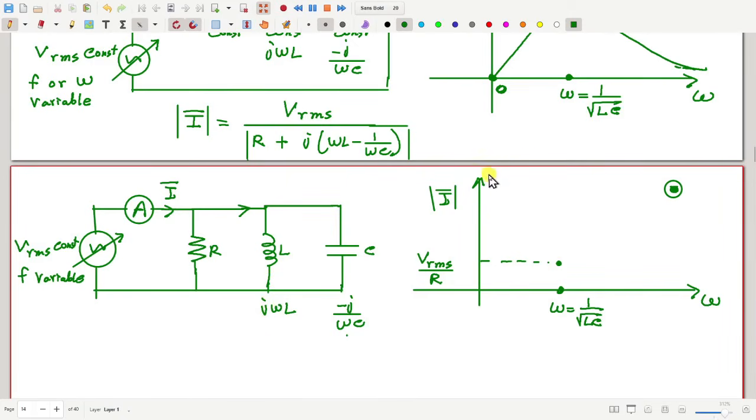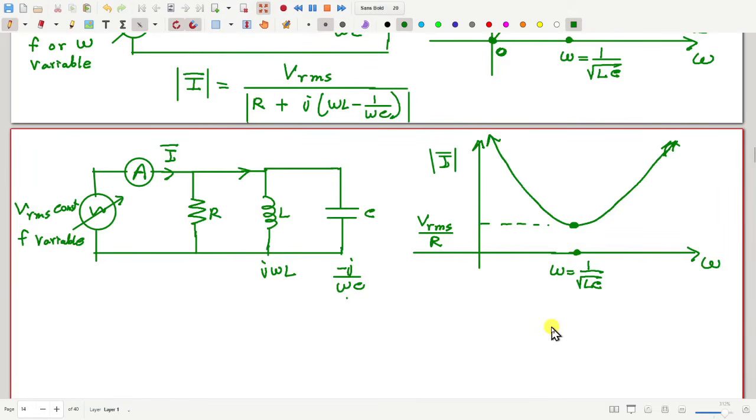So the graph of this will therefore look like this. Okay, so increasing in both the directions. This is the minimum point corresponding to omega equal to 1 by root LC.